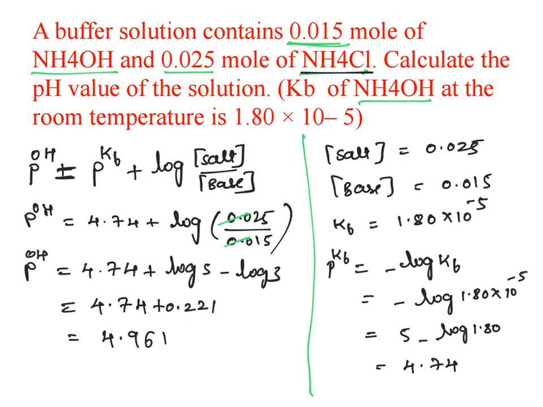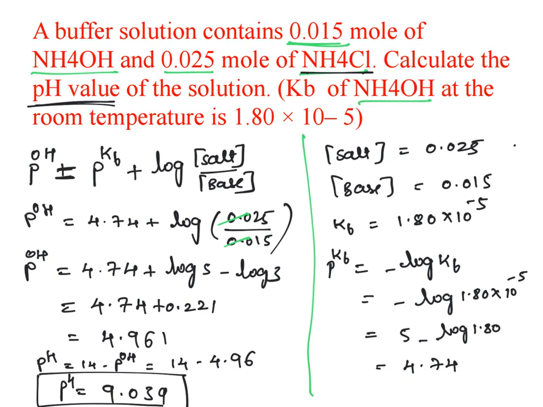This is pOH, but we require the pH of the solution. pH equals 14 minus pOH, that is 14 minus 4.961, which equals 9.039. So the pH is 9, it is a basic buffer solution.